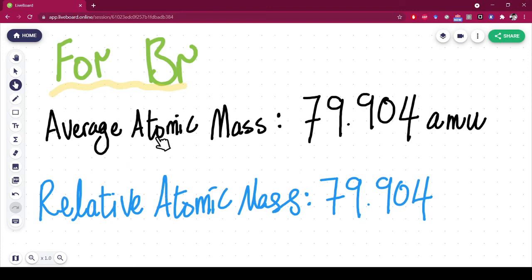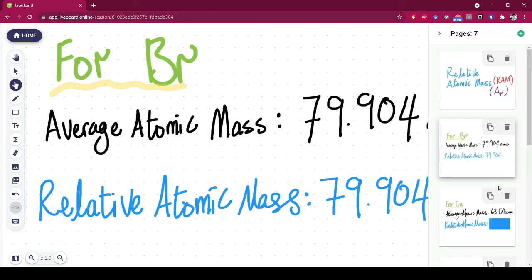In the average atomic mass, as we have learned before, you must include the units, AMU. But when the question wants you to find the relative atomic mass, you mustn't include the units, just like this. Let's have a look at another example, shall we?